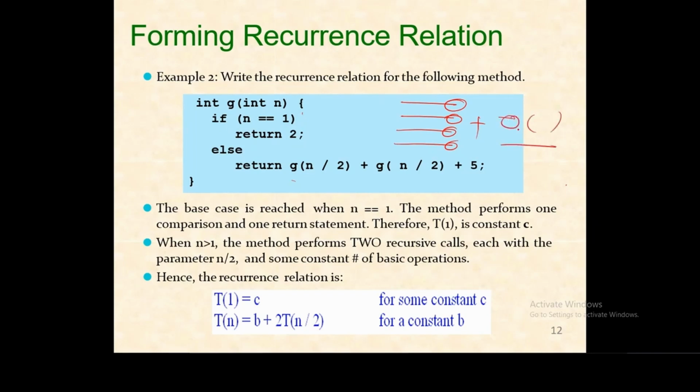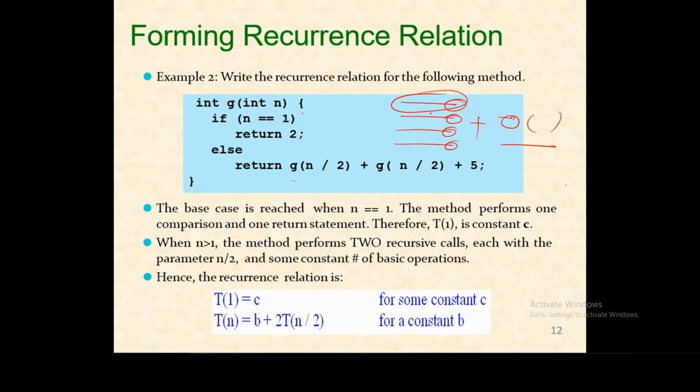But if there is some kind of recurrence or recursion in a function or a program or an algorithm, then we don't know after how much time that particular code will be executed, or what the number of steps for that is.